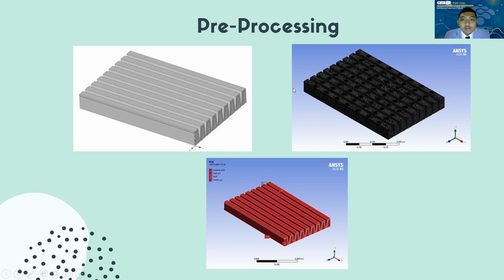After that, we can do the mesh with mesh editor, and this is the result of meshing of DTAP-SAH. And after the meshing is done, we can give the geometry name selection for the boundary condition. There are 4 boundary conditions in my geometry. There are heat wall, inlet air, outlet air, and wall only.